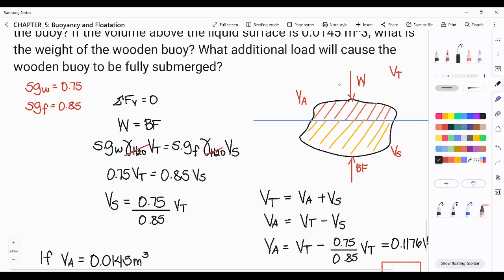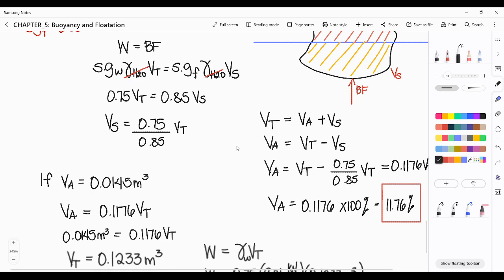So, what is additional weight daw na kailangan nating ilagay para lumubog yung buong wooden buoy natin. Since nakalubog na yung volume submerged, ang problema na lang natin is yung volume above. So, yun na lang yung i-consider natin na volume na kailangan nating ilubog.